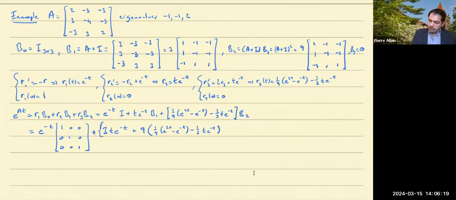All of that times this matrix, 1, 1, minus 1, minus 1, minus 1, 1, minus 1, minus 1, 1.